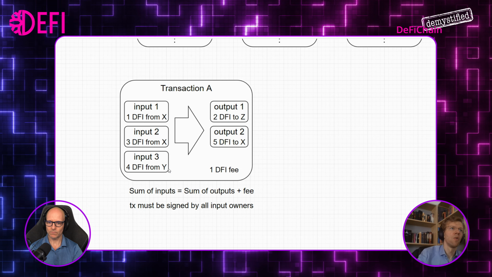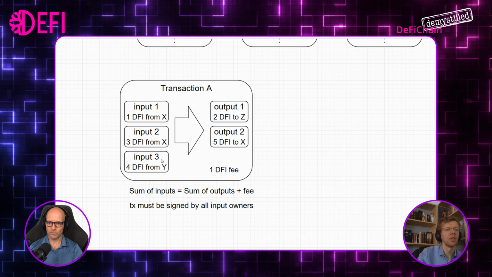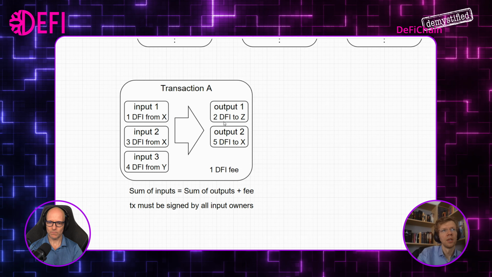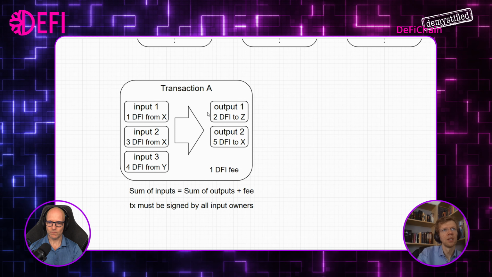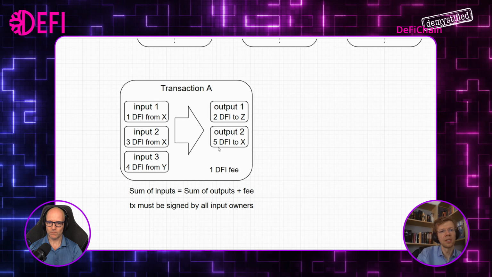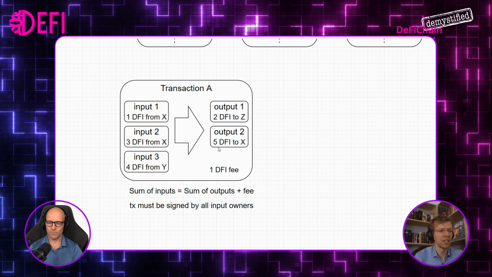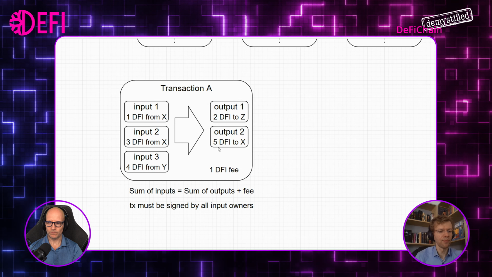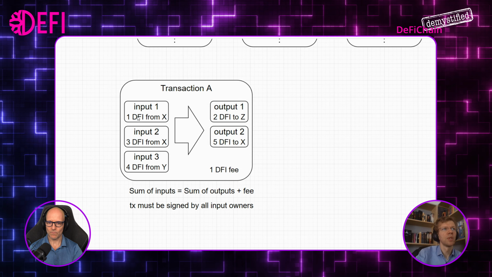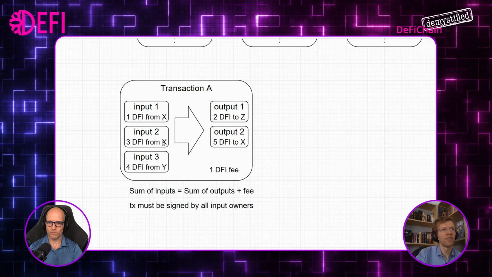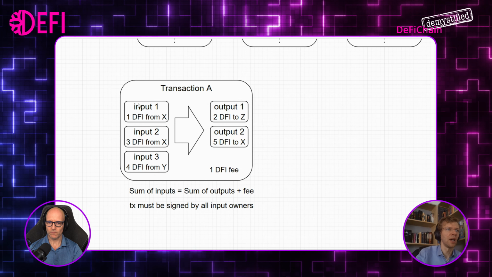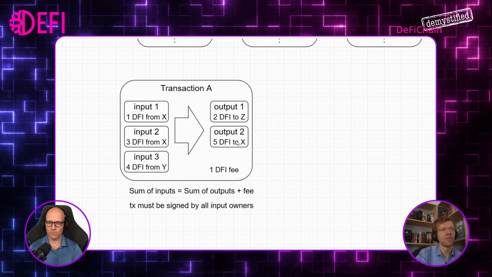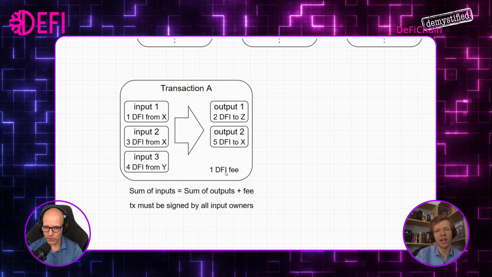If all owners of the inputs sign the transaction, the transaction is valid, and it then comes into a block, and as soon as it's in the block, that's this distributed ledger where we say, okay, this transaction now happened. We got 1 DFI from X plus 3 DFI from X plus 4 DFI from Y taken, and they are moved. 2 DFI goes to Z, and 5 DFI goes to X. Okay. And 1 DFI is the fee.